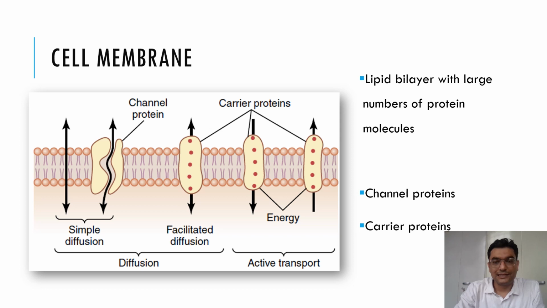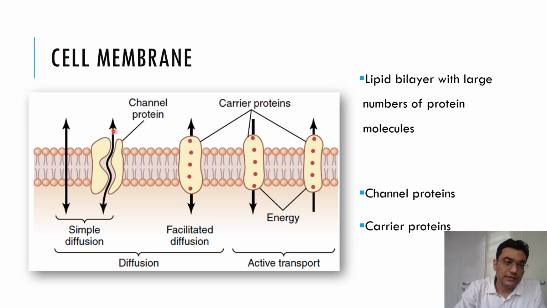Now let's see the cell membrane. As we know, the cell membrane is a lipid bilayer, and there are a large number of protein molecules also, as you can see here, and these protein molecules are very important for cell membrane transport. Two such important proteins are the channel proteins and carrier proteins. So what are these channel proteins?